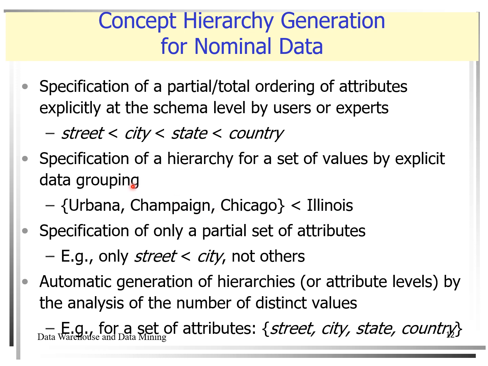For instance, Urbana, Champaign, and Chicago are all in the state of Illinois. So this way we are generalizing the data that we have. We will state that all of them are in the same state, or we will do that based on the city.